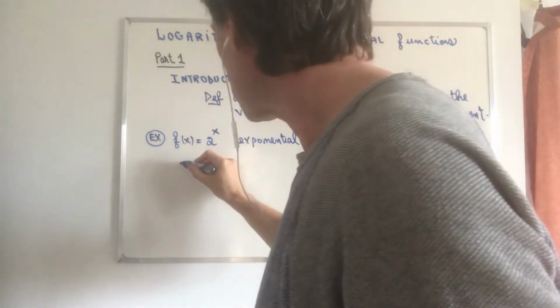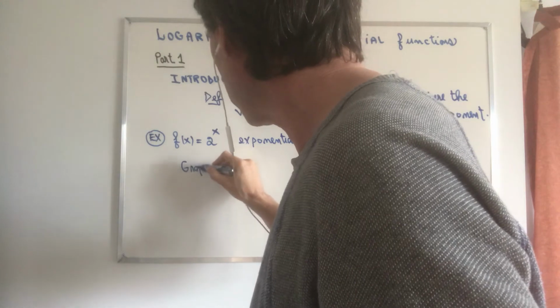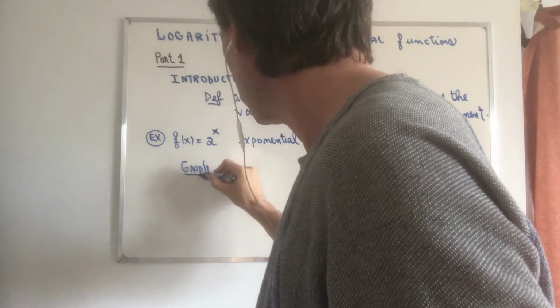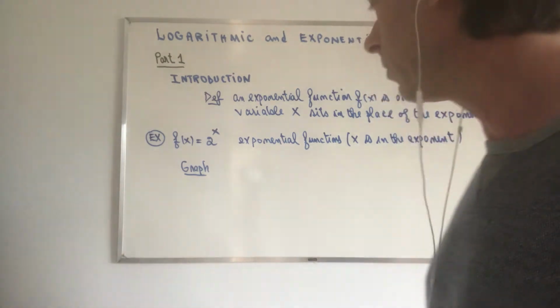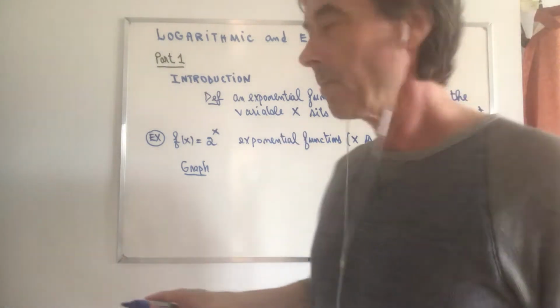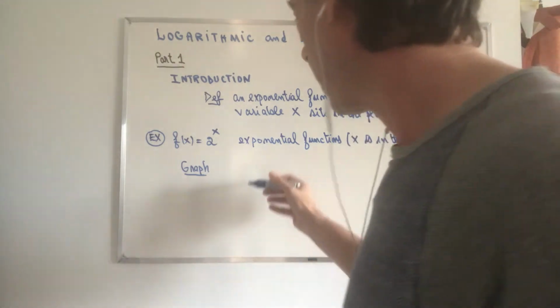What does a function like this look like? Well, let's take a look at the graph of something like 2 to the power of x. The best thing to do here is probably a table of values.